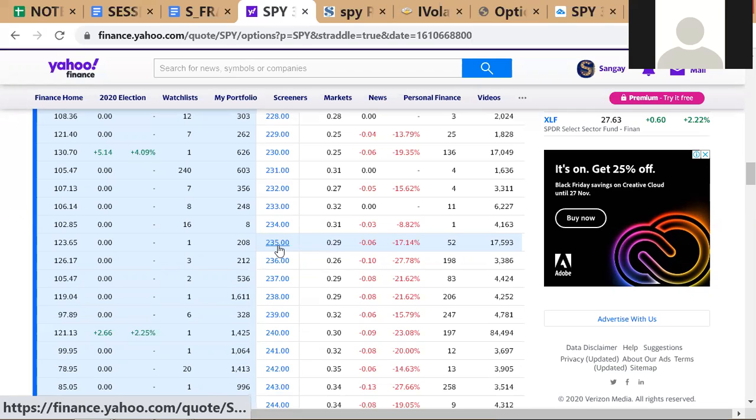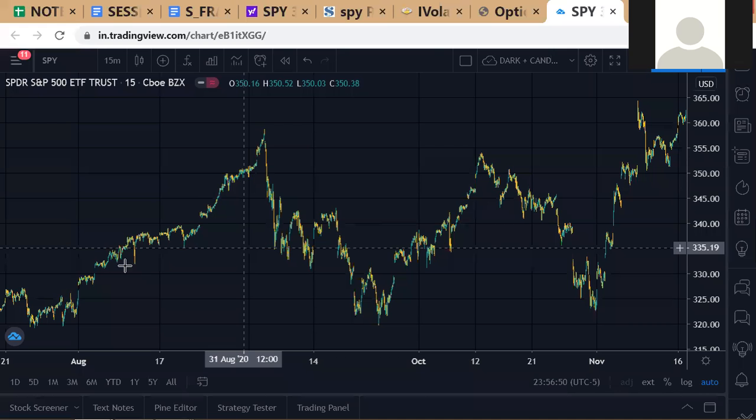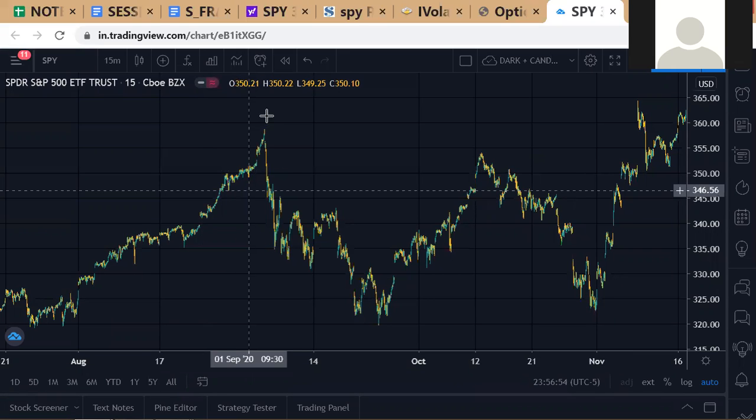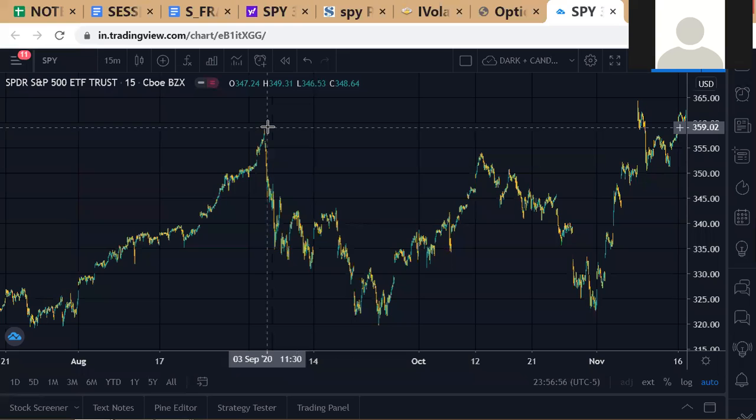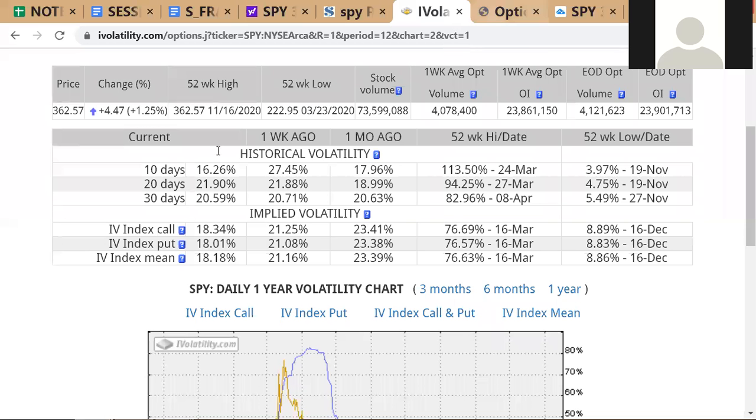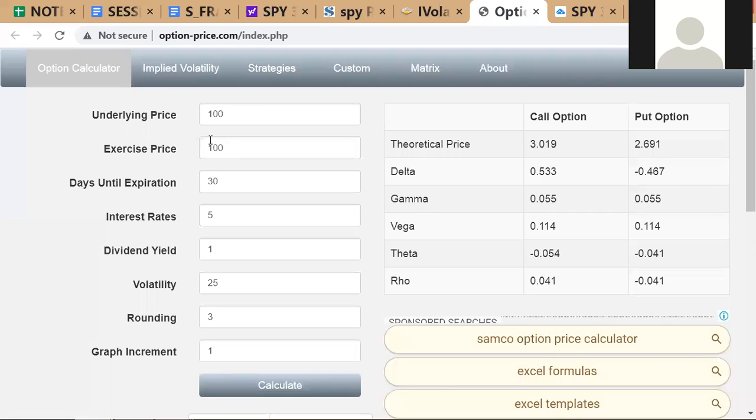You can track the price of this as it is changing over time, and since you can also track the chart of the movement of the underlying, at each point when you have an underlying price, your exercise price is fixed, it's 235.